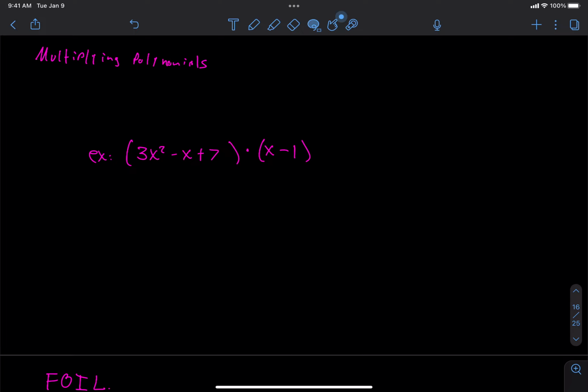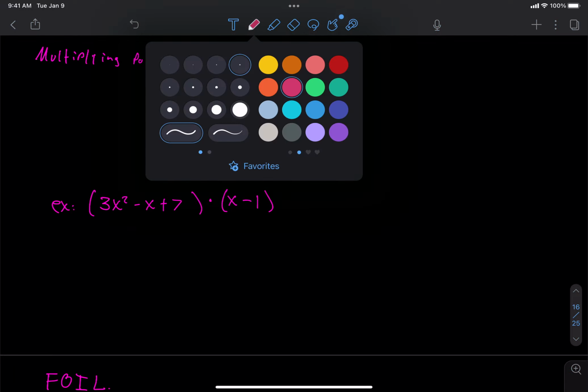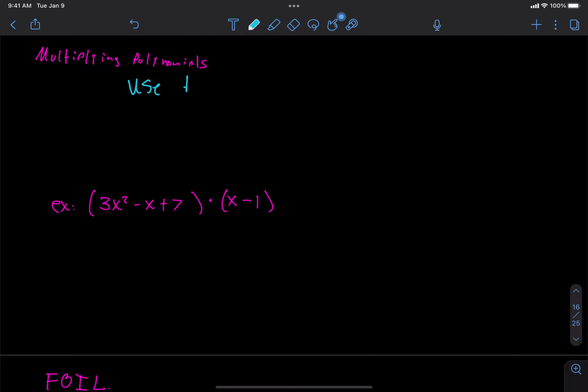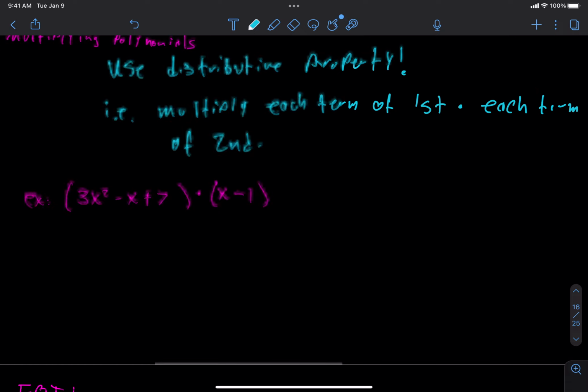If I want to multiply two polynomials, I need to use the distributive property, i.e., we are going to multiply each term of the first times each term of the second. So what does that look like?